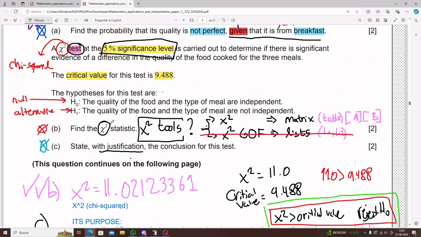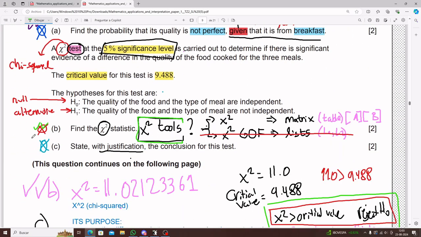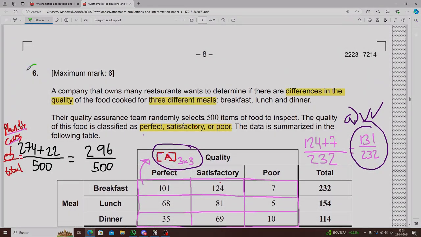And remember, you're not going to know by memory when to use which chi-squared, but remember that you have a list of tools. Go one by one, discard them. You don't have to know all the tools by memory, but you do have to know roughly which ones you have. That's the main message I want to pass to you today. And yeah, I hope it helped. So that is for number 6.